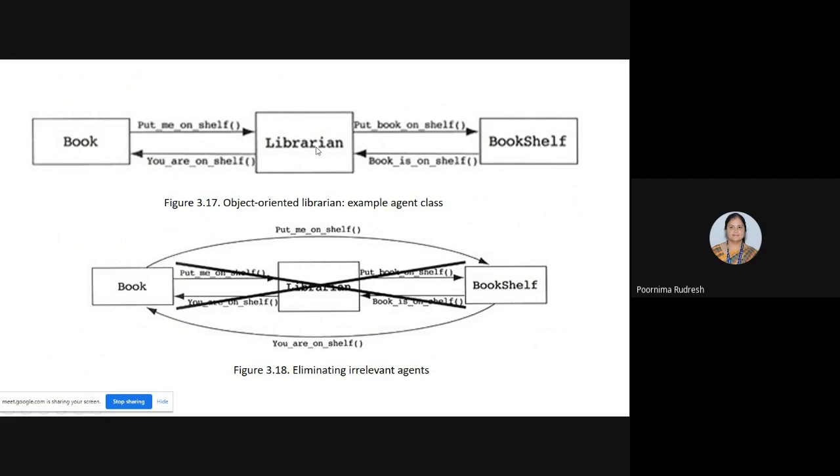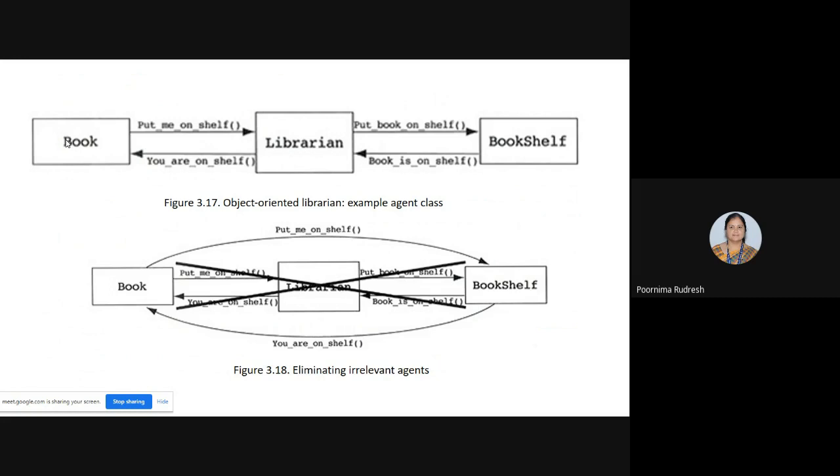Because in this design, the librarian is only responsible for transmitting the messages between the book and bookshelf. He receives the message from the book and gives it to the bookshelf, or if he receives a message from the bookshelf, he gives that message to the book. So the librarian is simply acting as an intermediary between the book and the bookshelf.